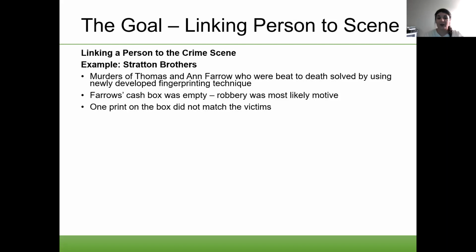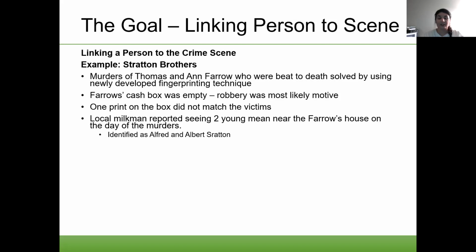The officers found that it was empty, so they thought that robbery was most likely the motive. There's one print on the cash box that did not match the Farrows. They talked to people around, and they found a local milkman who reported seeing two young men near the Farrows' house on the day of the murders, and they were later identified as Alfred and Albert Stratton, brothers.